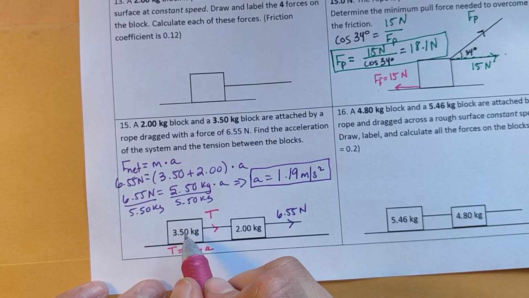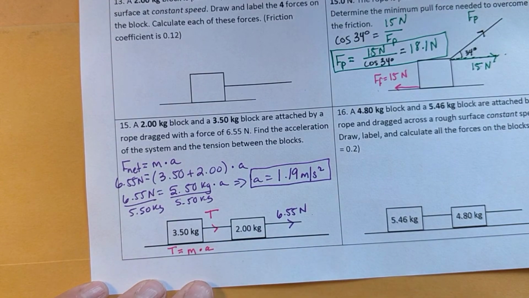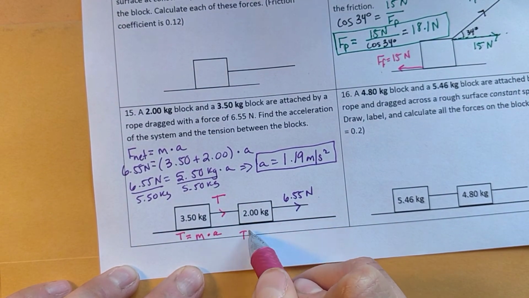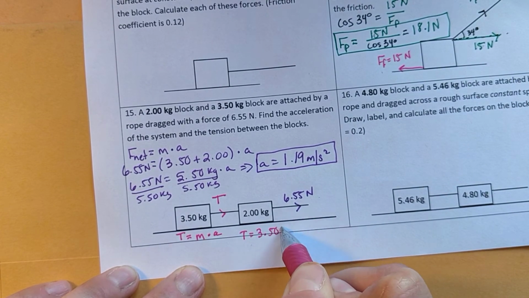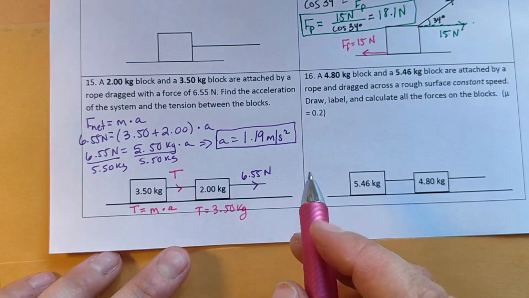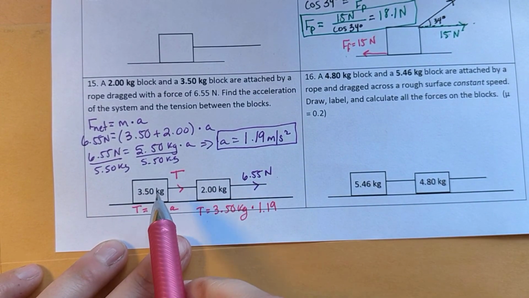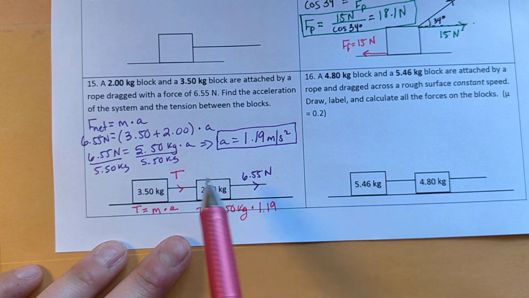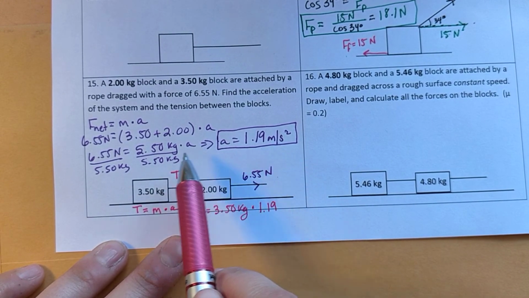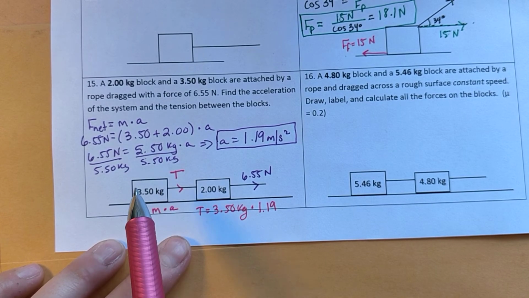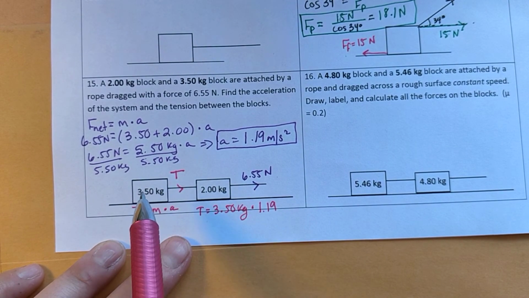That is the net force just acting on this one block in the back. So the tension equals 3.50 kilograms, the back block, times the acceleration 1.19, because the back block is still accelerating at this rate. The whole system moves, but the tension arises just because of this back block.